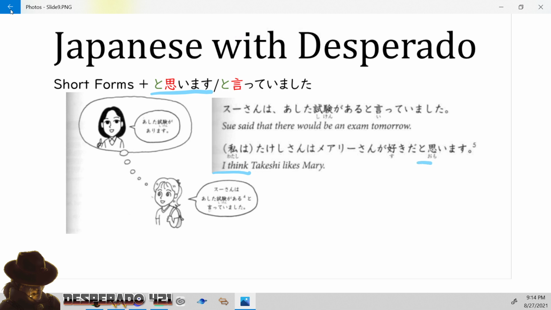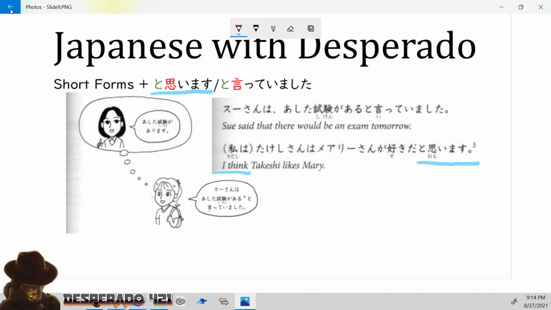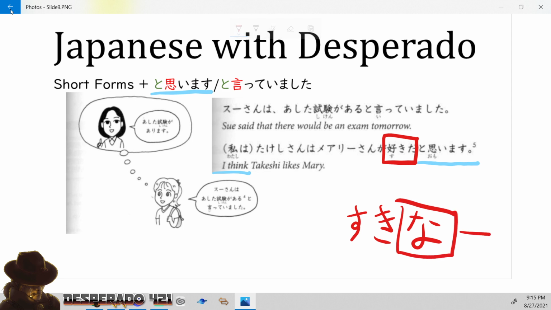And so here is that to omoimasu. In the sentence here, we have suki da, which is the short form for suki, because suki is actually a na adjective. So na becomes da.